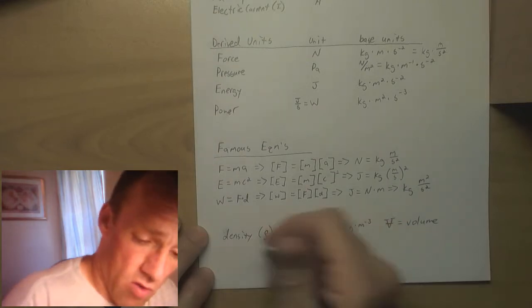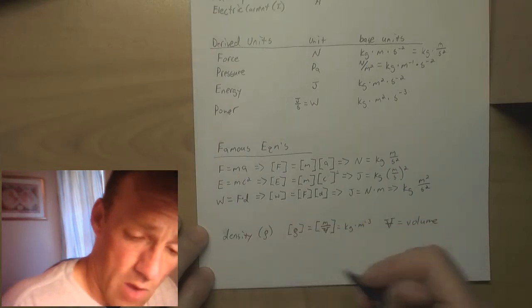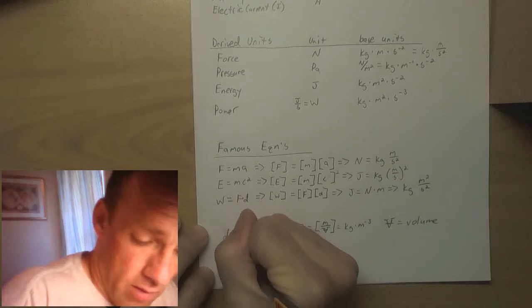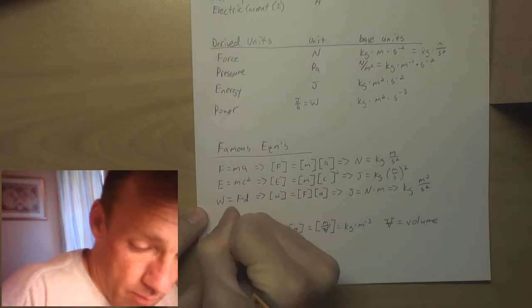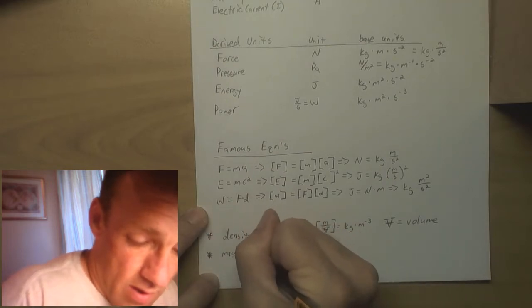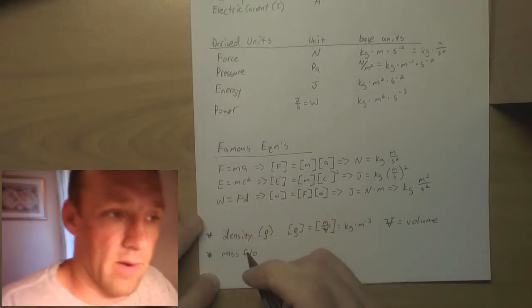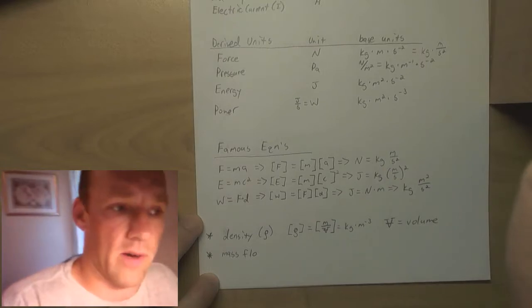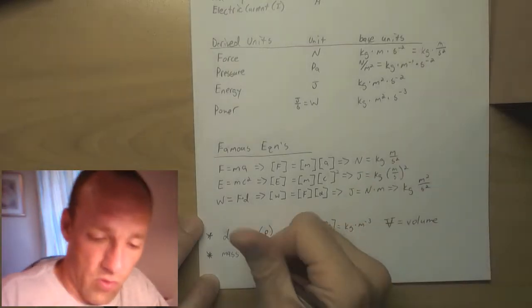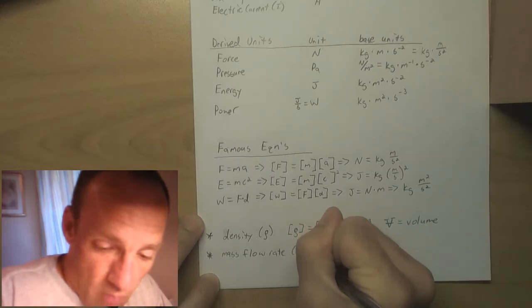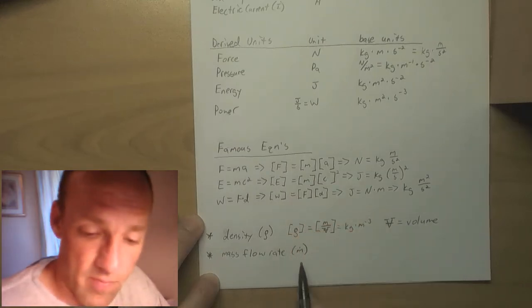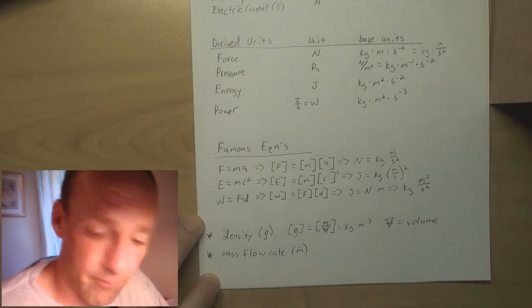And then there's this concept of a mass flow rate. These are going to be important to you. And this relationship is going to come up in pretty much every section of this course. And then mass flow rate is given by this mass with a dot.